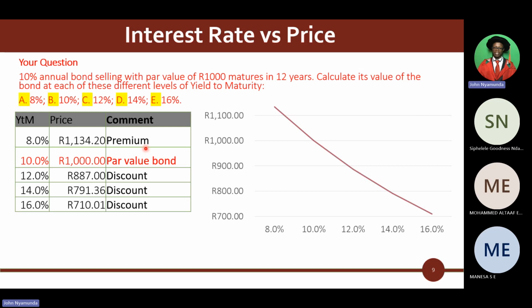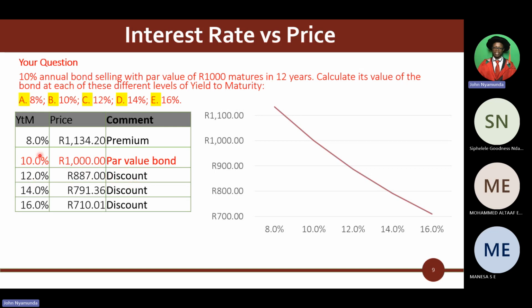An important theoretical concept: if the yield to maturity is equal to the coupon, 10 and 10, as you can see here, your intrinsic value is 1,000, and it's the same, we call it a par value bond. If the yield to maturity is above the coupon, like that 12 and 10, the price of the bond is lower than par value. We call it a discount bond.